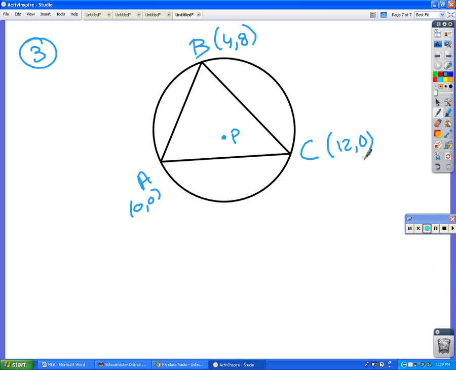what is this point? Where does the point come from that's the center of the circumscribed circle? Look in your points of concurrency notes. Which point is that? What does the circumcenter come from? From the perpendicular bisectors?